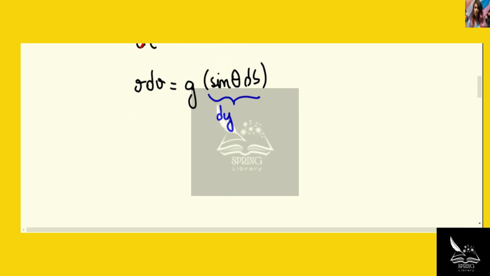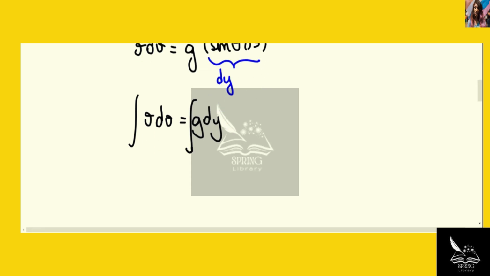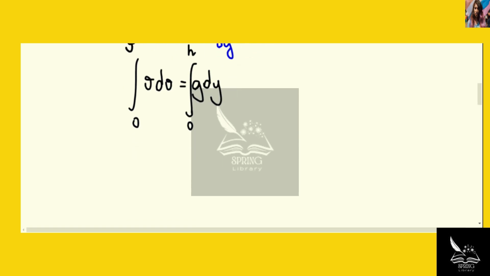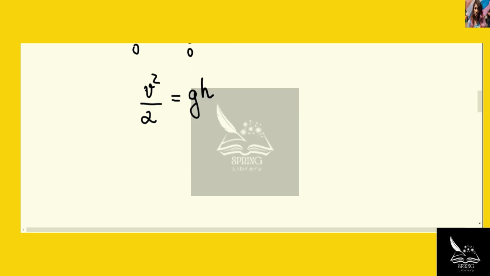So we have v dv is equal to g dy, and if we integrate on both sides from y equals 0 to y equals h, and from v equals 0 to v equals v, we have v squared over 2 is equal to g times h. So this means that v is equal to the square root of 2gh, which concludes our exercise.